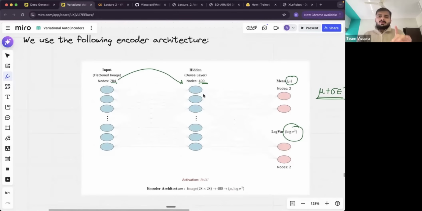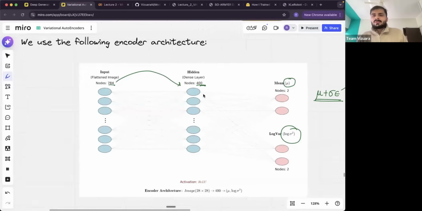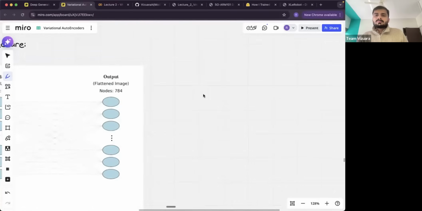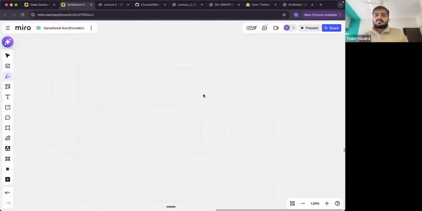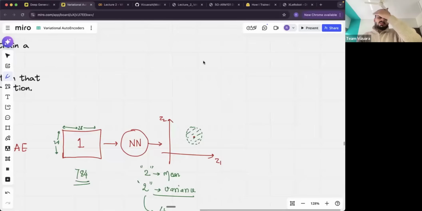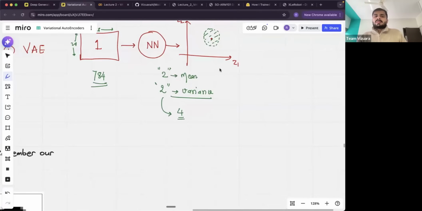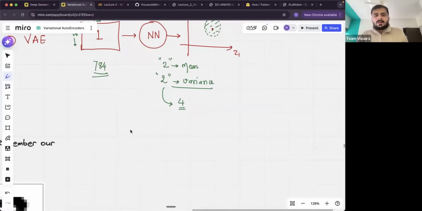Okay, so as the first step, we have taken an image and transformed it into a latent representation, which looks something like this. Now, in the next step, we want to pass this to our decoder and generate this image back. So the decoder is exactly reverse.